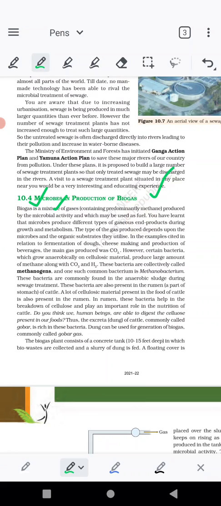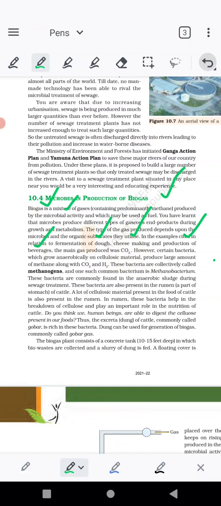Now we have learned that microbes produce many types of gases. They produce carbon dioxide, hydrogen and other gases. Like we have discussed in the fermentation of dough, cheese making, and the production of beverages, in these examples the organism produces the gas CO2.